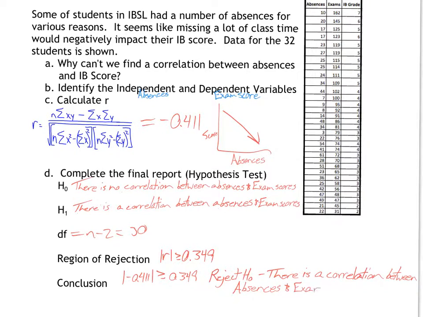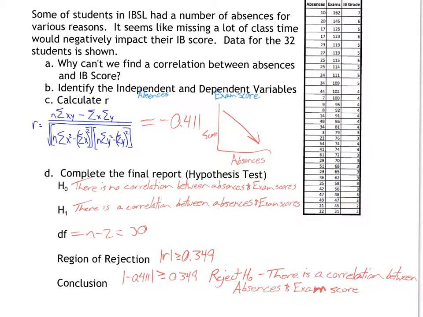Now, if you want to describe it as strong or weak, you can. How do we know if it's strong or weak? The way you tell is not necessarily what the actual value is, as much as how close to that critical value it is. If it's just barely, then we could say that there is.